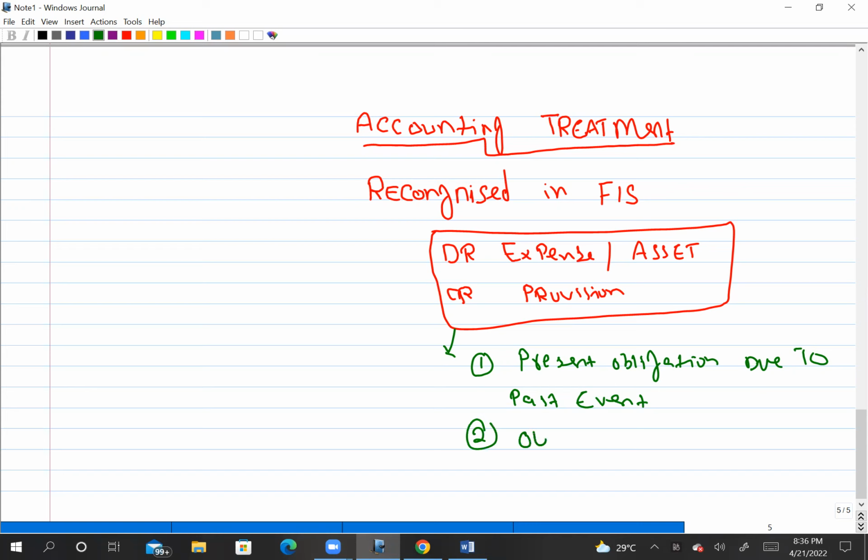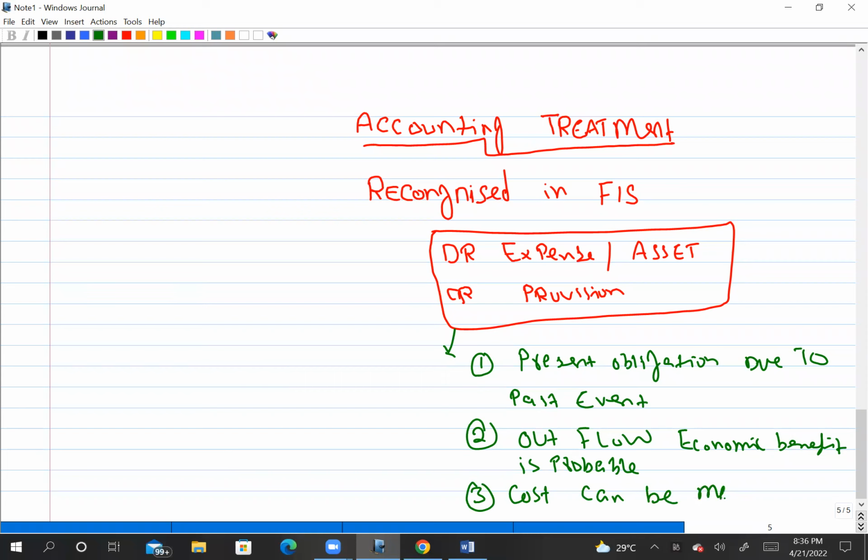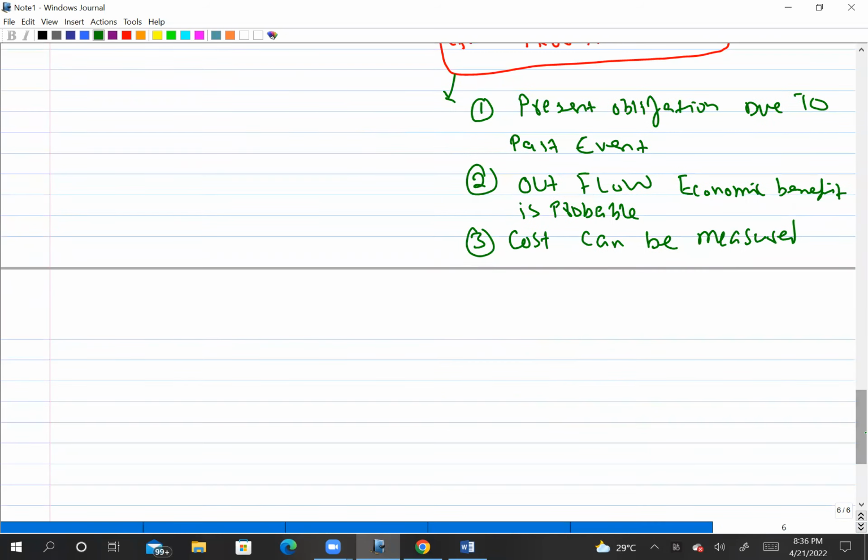Number two, outflow of economic benefit is probable. And number three, cost can be measured reliably.